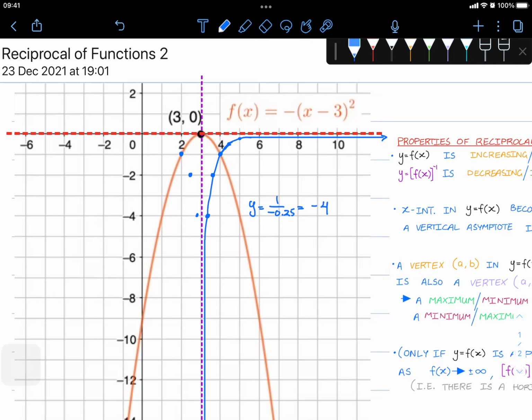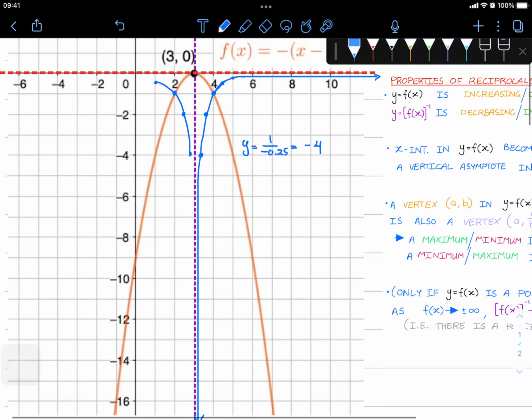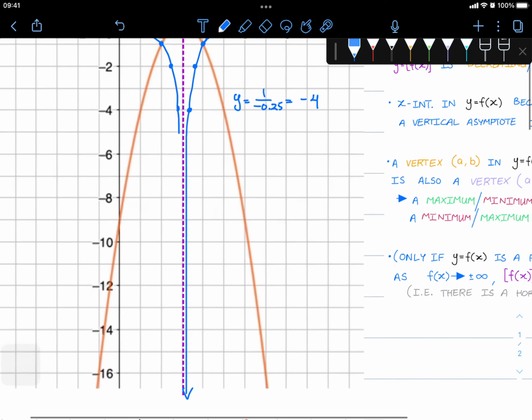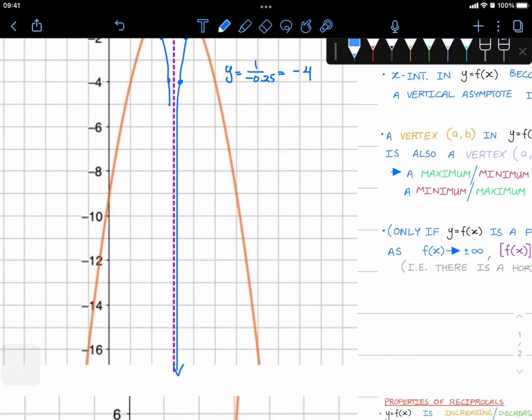Not should be, it is actually identical on the other side. So very carefully trying to sketch this, going a little bit closer, and then just drawing a straight line. There we go. Oops.